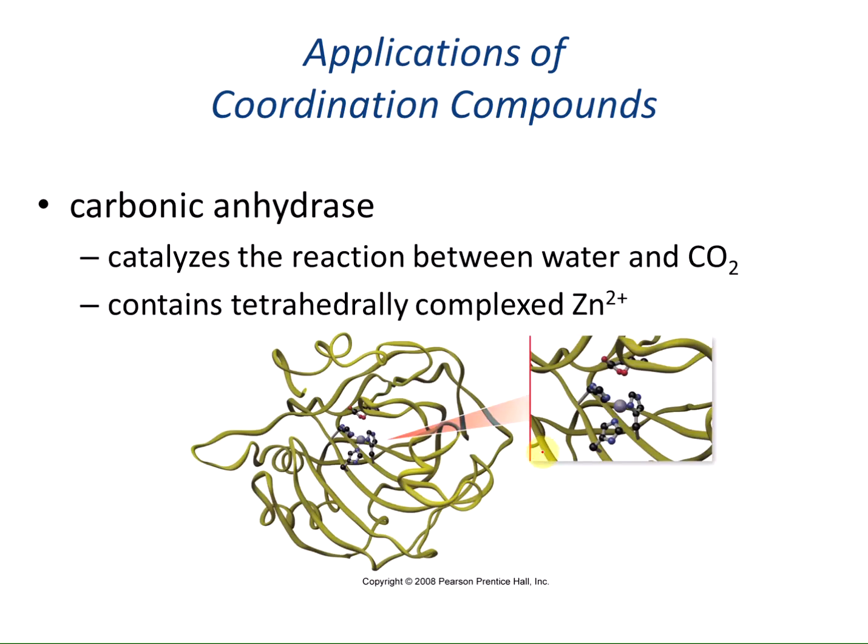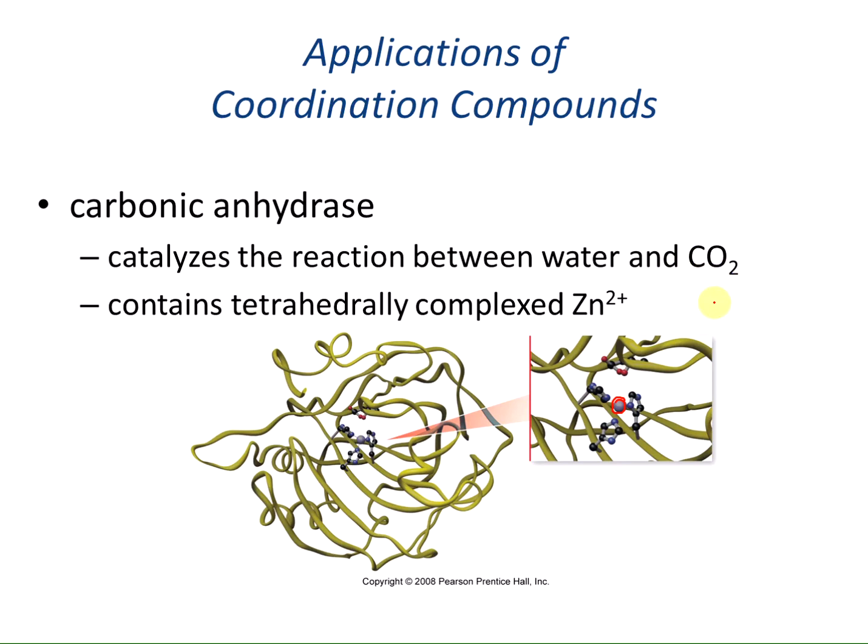Another coordination compound that's very important is carbonic anhydrase. This is actually a zinc metal center, and it's got 3 histidine ligands around it. This enzyme is responsible for buffering the pH of your blood, keeping it at a certain pH level. It catalyzes a reaction between water and CO2 to form the carbonate.